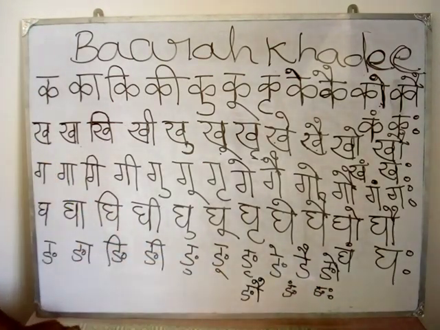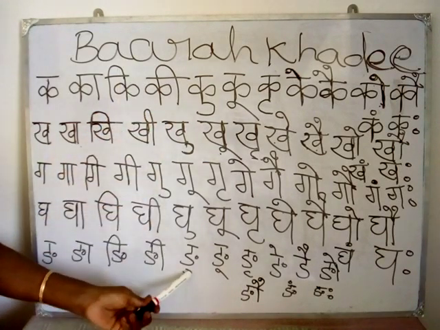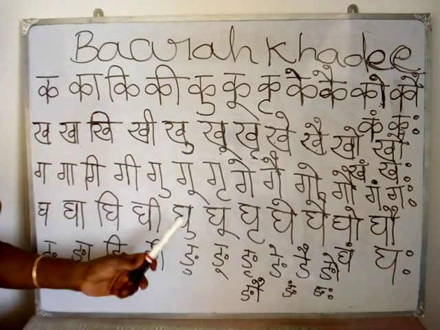That's all. This is also today's homework. Semi-consonants and Bargadi. For these 5 letters, you have to write one time and learn well.